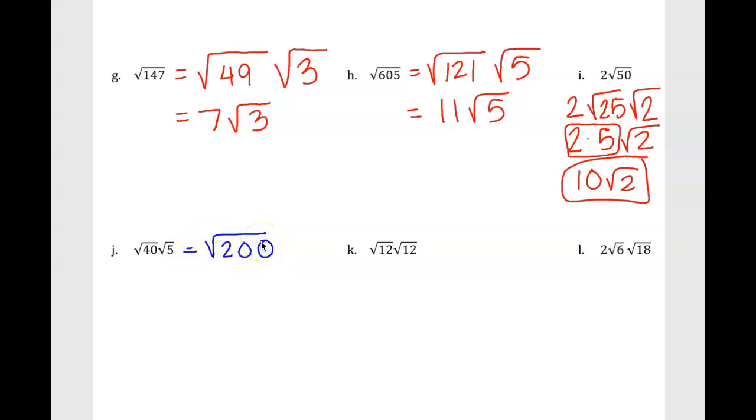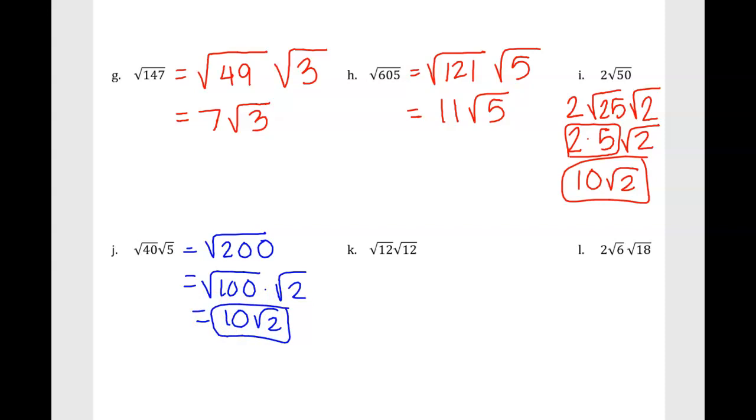What really nice perfect square is going to go into 200? 100. So that becomes the square root of 100 times the square root of 2. The square root of 100 is 10. Thank you. So we get 10 square roots of 2.